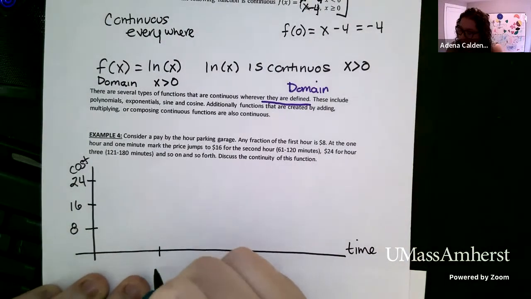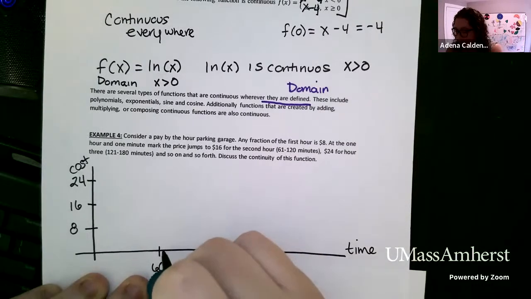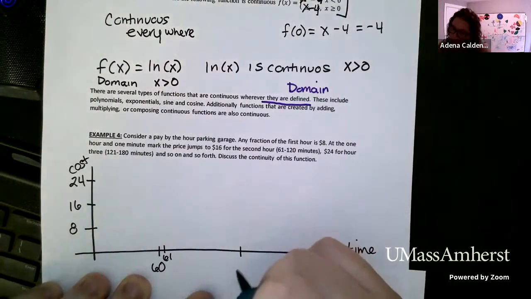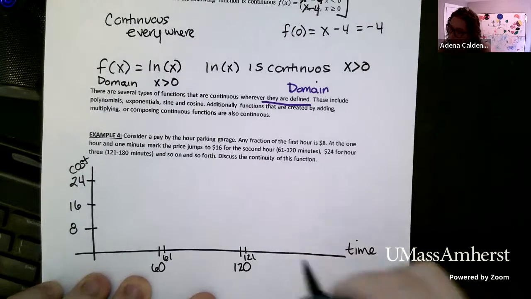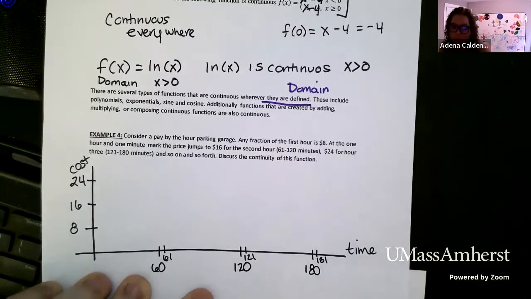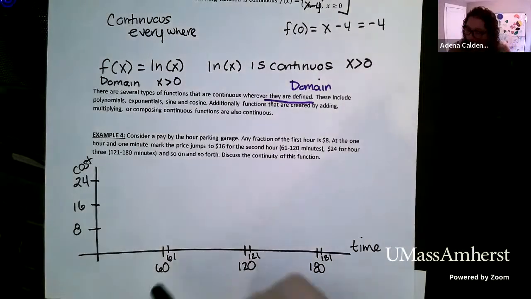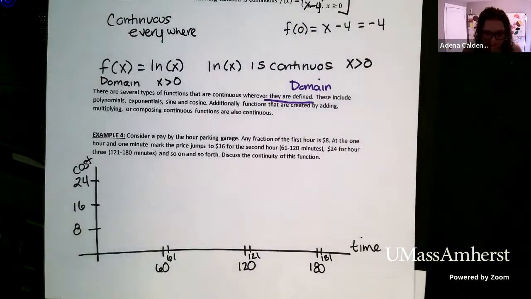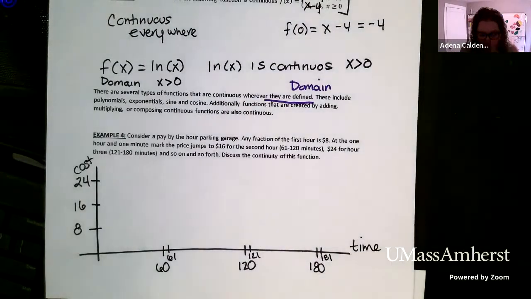So here, we'll put 60, and then we'll put 61, and then 120, 121, right? 180, 181, right? So you can do it that way. You could do like 1 hour, 2 hours, 3 hours. It means the same thing. There are no explicit instructions on the variable, so either is totally fine.